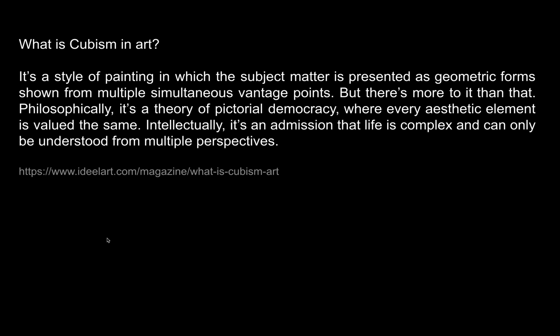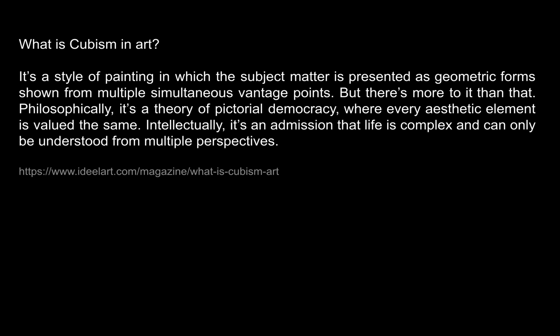Another one, this is from a magazine article on what is Cubism art. It is a style of painting in which the subject matter is represented as geometric forms shown from multiple simultaneous vantage points. And there's a little bit here, but there's more to it than that. Philosophically, it's a theory of pictorial democracy, where every aesthetic element is valued as the same.